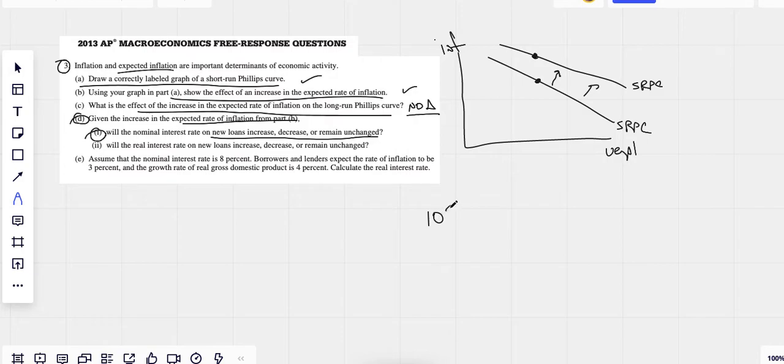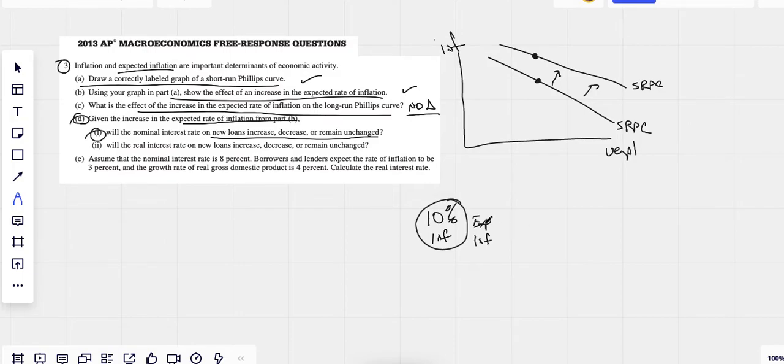If inflation is 10%, if I asked you a question and said, what's the minimum you would charge somebody? If you expected inflation to be going up by 10%, what would you charge for money that you loan somebody? What would the minimum amount be?